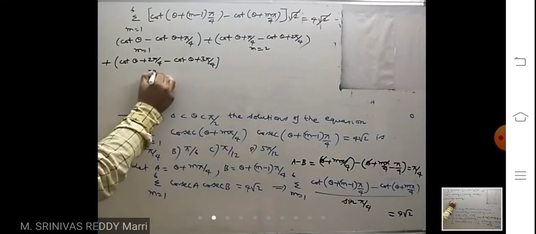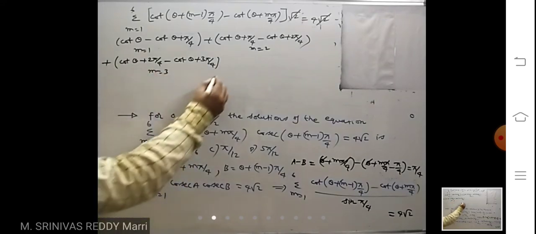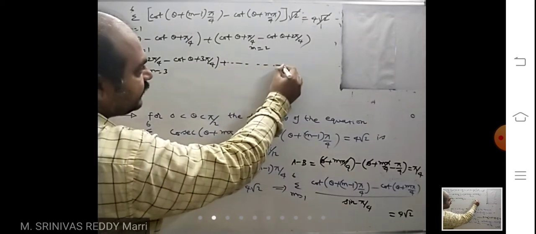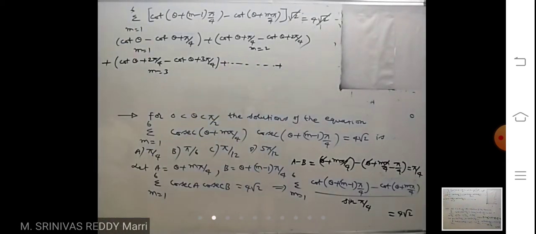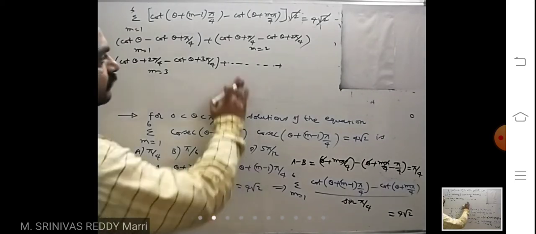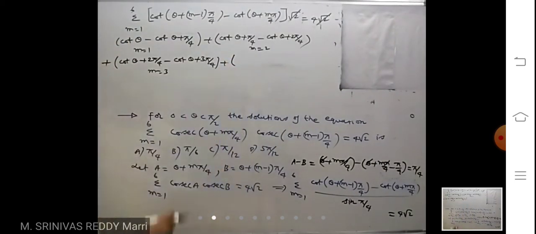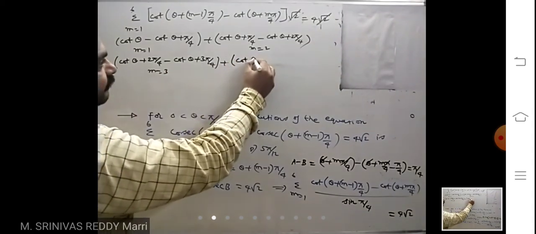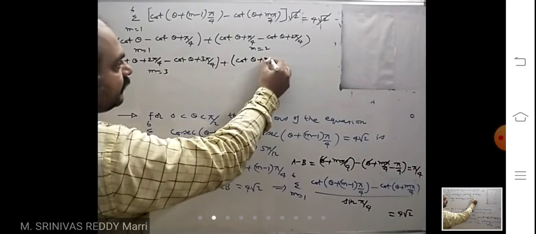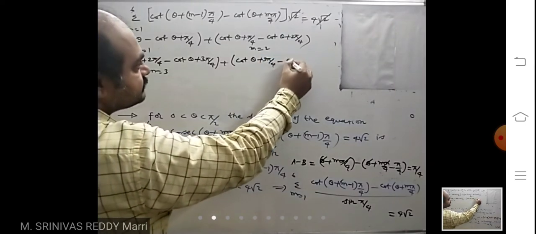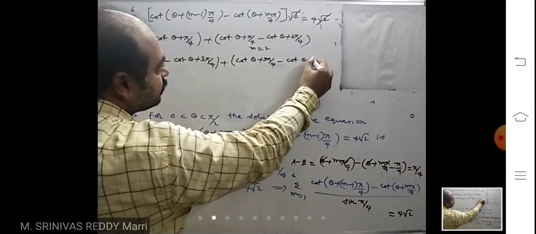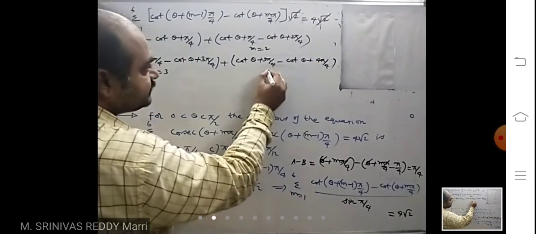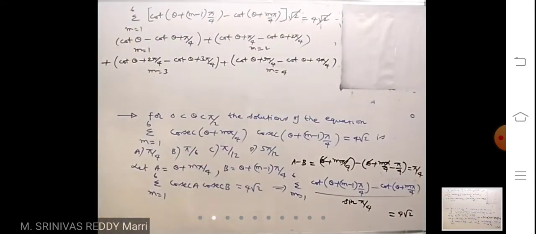M equal to 4 means cot theta plus 3 pi by 4 minus cot theta plus 4 pi by 4.